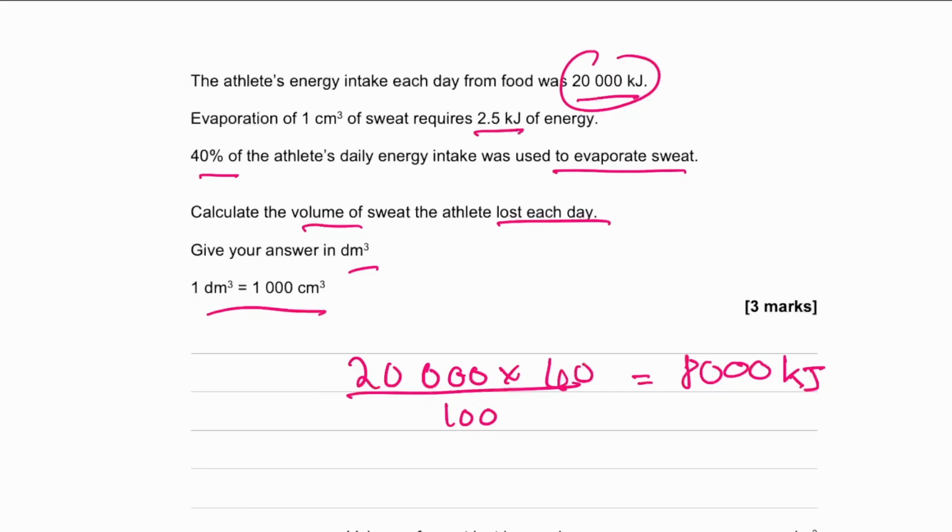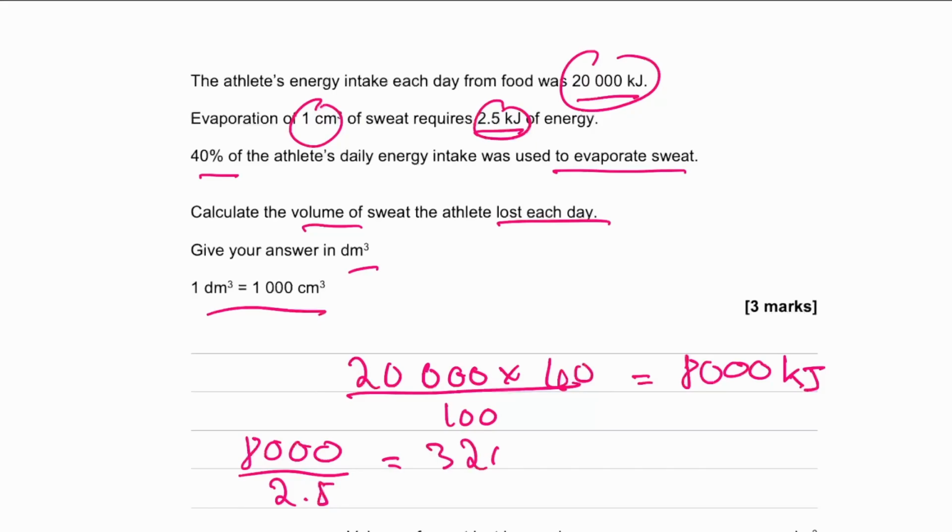So now we know that there was 8,000 kilojoules of energy that was used to evaporate that sweat. And we're told that 1 centimeter cubed of sweat requires 2.5 kilojoules of energy. So if we have 8,000 kilojoules, how many centimeters cubed of sweat did we release? So we can do 8,000 divided by how much energy 1 centimeter cubed takes, which is 2.5 kilojoules. And they're both in kilojoules, so we can ignore the units for now. And then you should be able to get the amount of sweat that was produced in centimeters cubed.